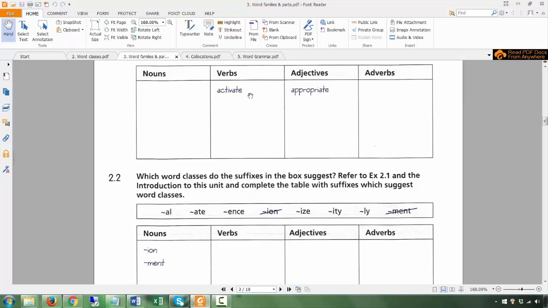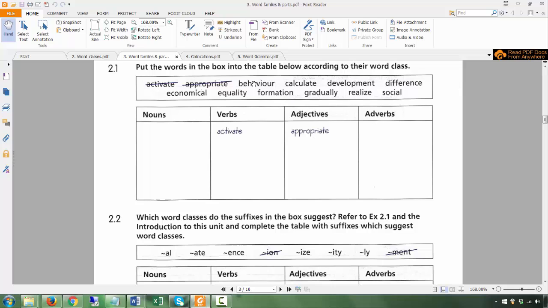If you look at a word with a suffix ate, it could be a verb or it could be an adjective. So ate could be a verb, ate could be an adjective.